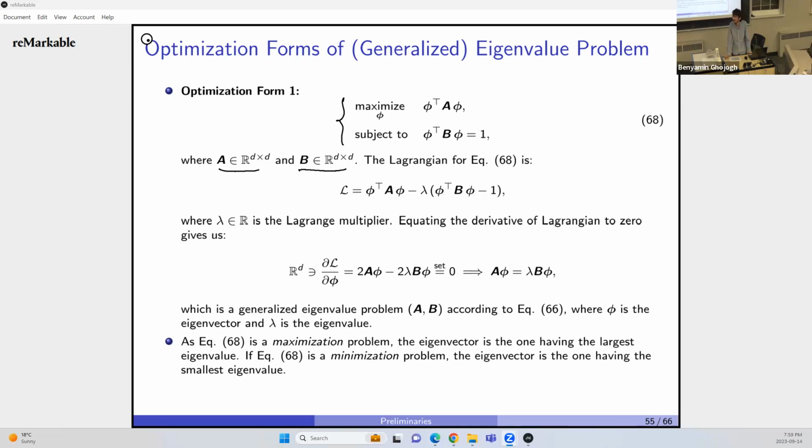Back to several slides ago: Lagrangian, because it's a constrained optimization problem. The Lagrangian is this, minus lambda times this. By the way, the use of the Lagrangian is dominant in statistical machine learning. We use that a lot. Now the Lagrangian form is this. By the way, why do I write minus lambda rather than plus lambda?